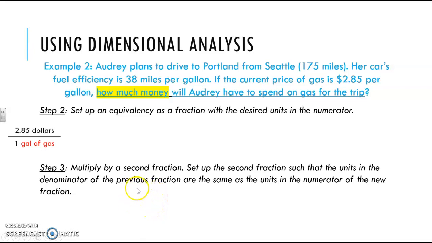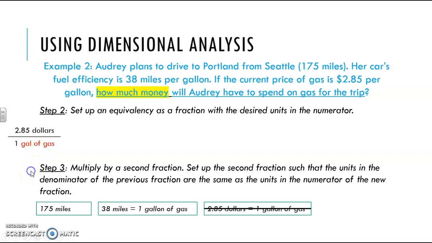So we want to multiply by a second fraction. We're going to set up a second fraction such that the units of the denominator of the previous fraction are the same as the units of the numerator of the new fraction. So if I look at the denominator of the previous fraction, it was gallons of gas. I'm going to pull up our bits of information that we are given, so we have them available here.